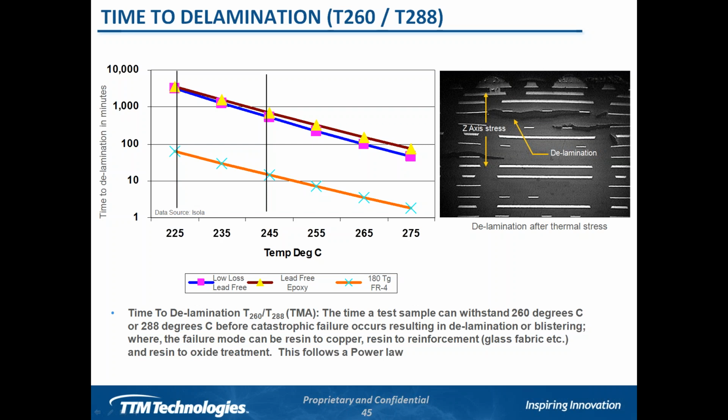And we're not talking seconds in terms of these tests, especially the T300 test. We're still looking at roughly a 10, 12-minute test to failure. But if we look at parameters in general, between time to delamination, CTE, TD, and TG, those four specific parameters tend to define the mechanical aspects of the material that we're working with.